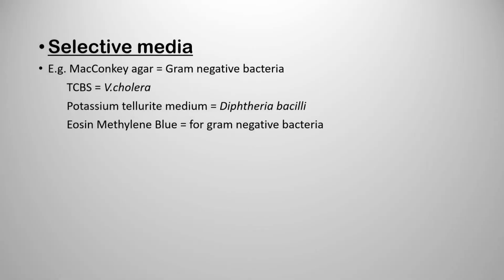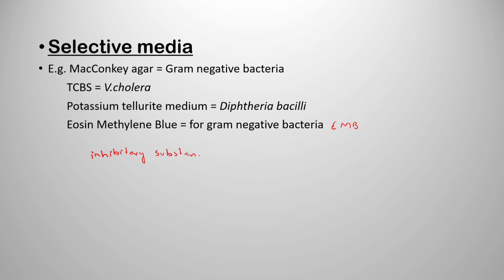Next is enrichment media. The examples are selenite F broth, which is especially used for salmonella and shigella, and alkaline peptone water, which is used for vibrio cholera. It is a liquid media used to isolate the pathogen from a mixed culture.